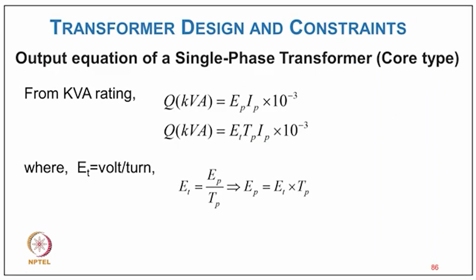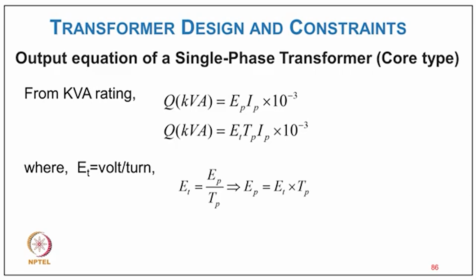And now going to the kVA rating again, output equation Q equal to kVA equal to EP IP into 10 power minus 3. We can write Q equal to ET into TP into IP into 10 power minus 3, where ET is the volts per turn. So total voltage of primary divided by total number of turns gives you the volts per turn here.